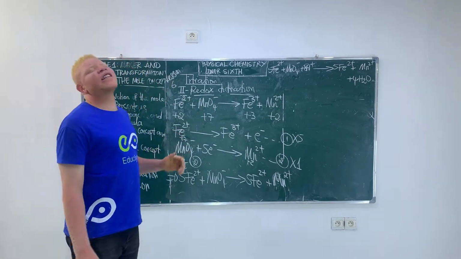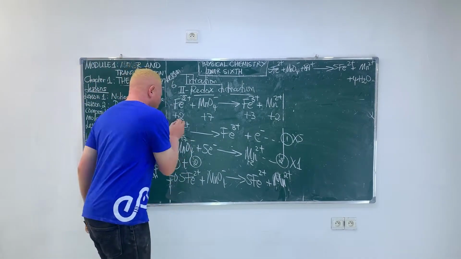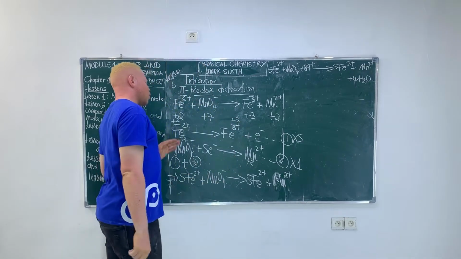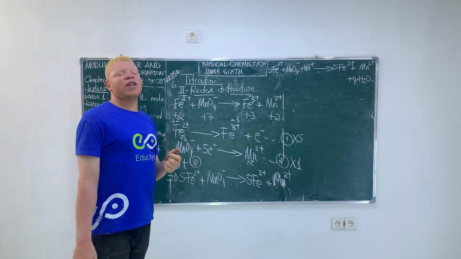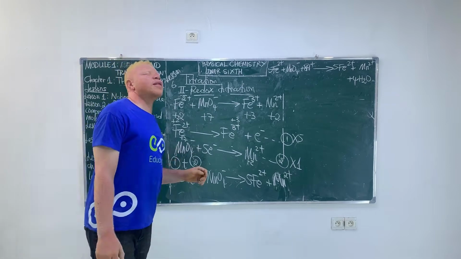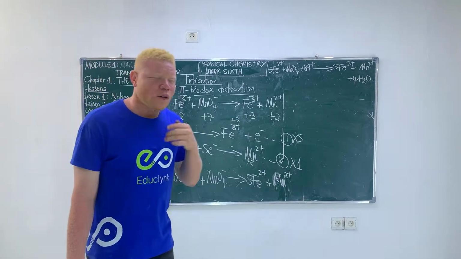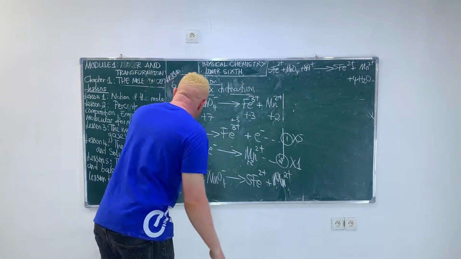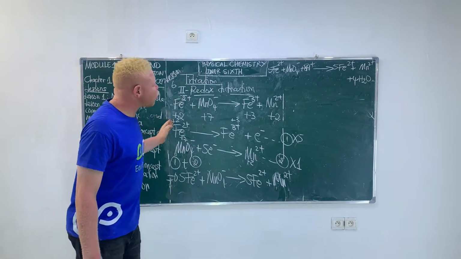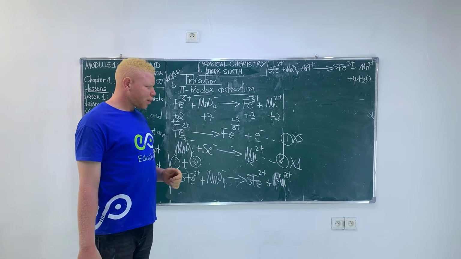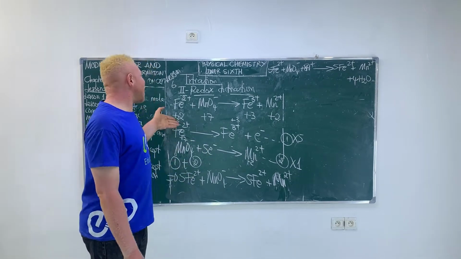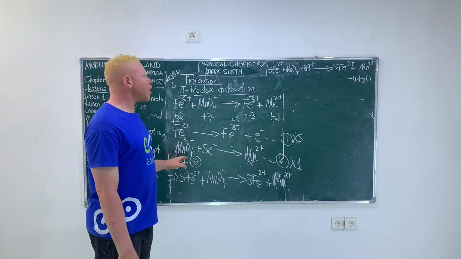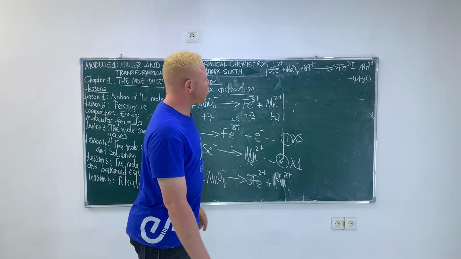The reducing agent is oxidized. Iron plus 2 is oxidized to iron plus 3. So iron is the reducing agent, while manganese is the oxidizing agent. What is the physical significance of that? It is the manganese ion that oxidized iron 2 to iron 3, and the iron 2 that reduced manganese 7 to manganese 2.